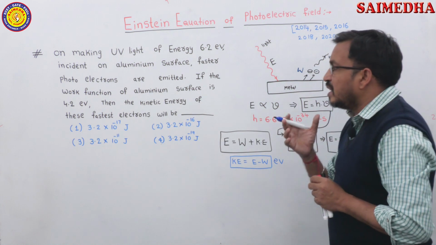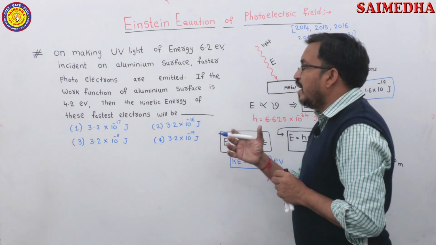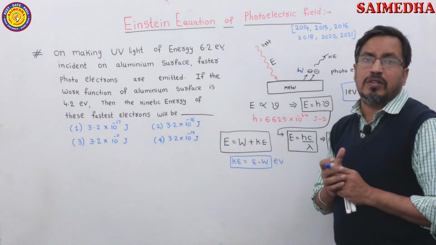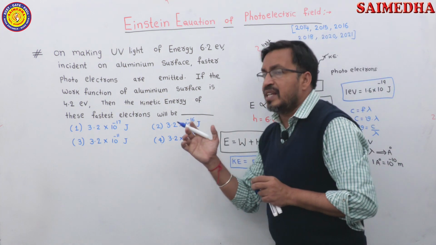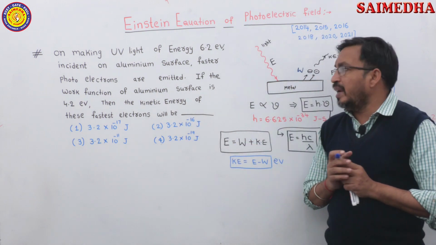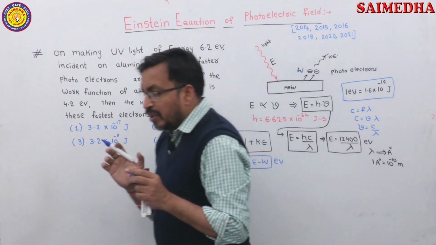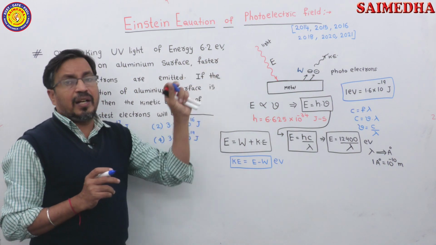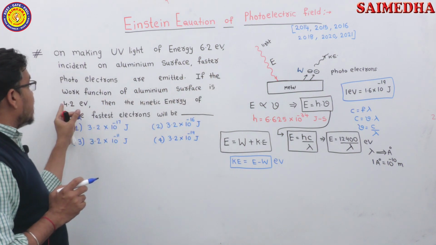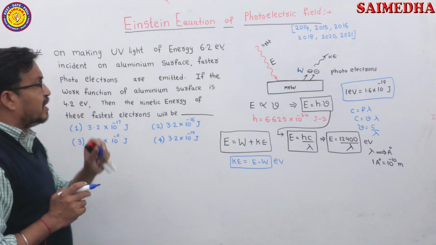If the work function of the aluminum surface is 4.2 electron volts, then what is the kinetic energy of these electrons? So students, here two energies are given. One is 6.2 electron volts, another is 4.2 electron volts.